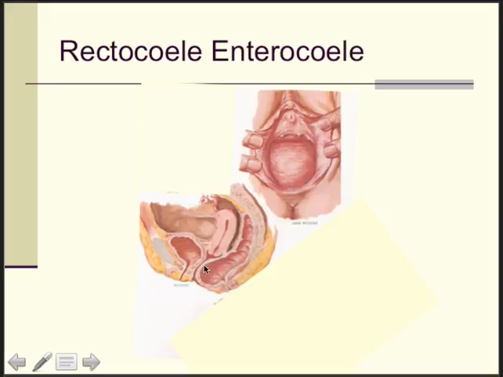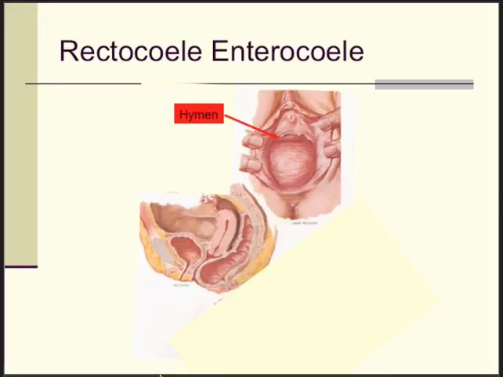Here we see the cross-section where the rectum and the posterior vaginal wall are stretched and they appear at the level of the introitus. There is no obvious cystocele here and the uterus is in a normal position apparently.